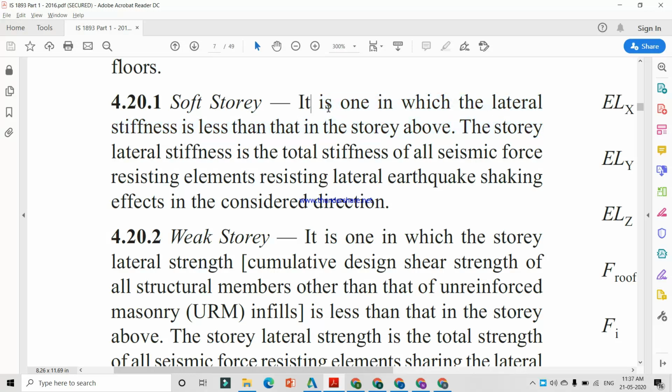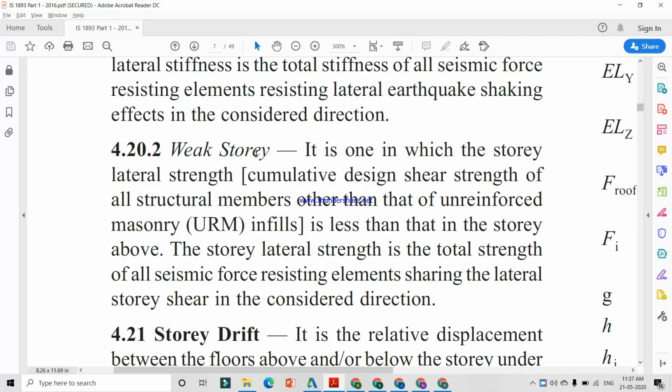That means it is almost 70% less than the other story. Lateral stiffness means it is the ratio of the story shear to the story drift. What is the story shear and what is the story drift? I will explain in the next slide.